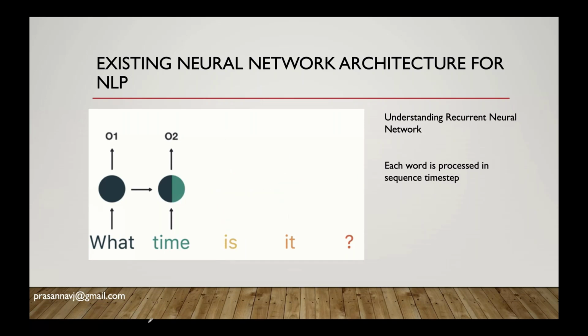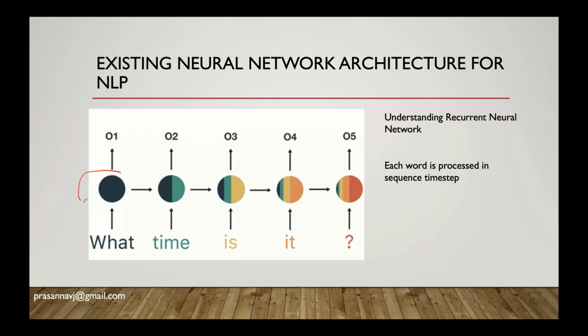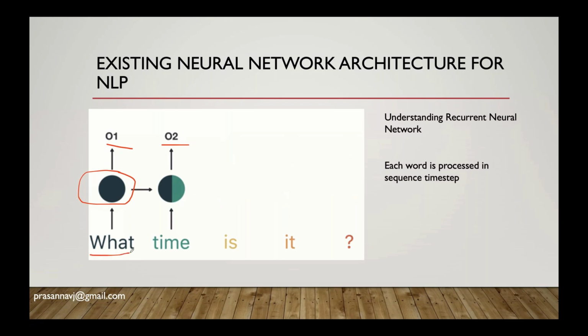Let's understand from this diagram how this recurrent neural network actually works. In the case of RNN, assuming this is an RNN, it takes each time step. This is called a time step. It will take each time step and process sequentially the information that comes into the RNN. For example, "What time is it?"